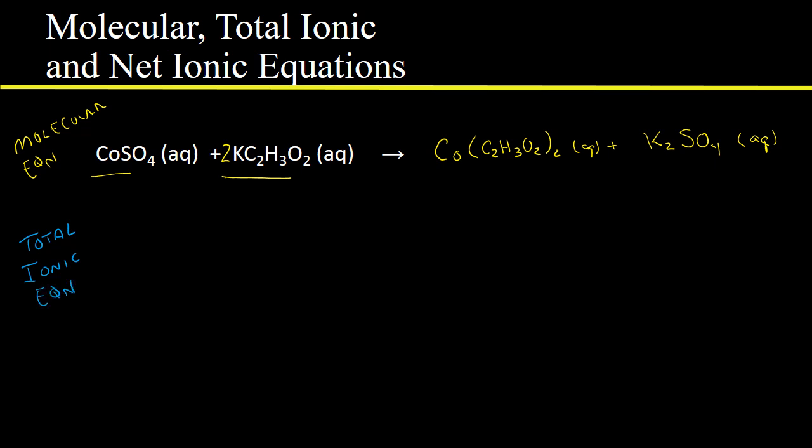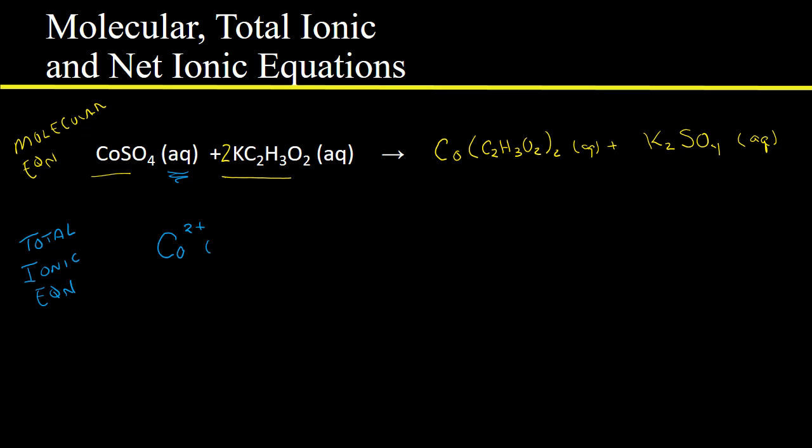Anything that is a strong electrolyte, we're going to break apart into its constituent ions. So cobalt sulfate, that's a strong electrolyte. Anything that's ionic and soluble is going to be a strong electrolyte.